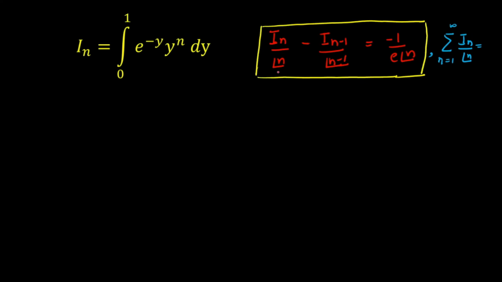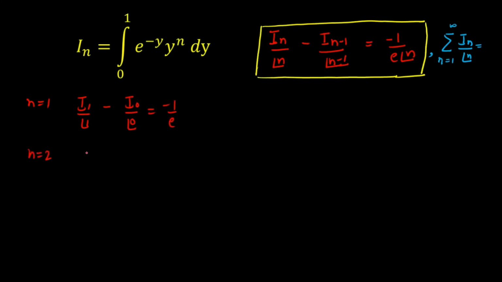So in the previous slide, I've calculated this reduction formula. So from here, I'll be calculating the value of the sum. Let's say I'm putting n is equal to 1 here. So when I put n is equal to 1 here, I'll get I of 1 upon 1 factorial minus I naught upon 0 factorial is equal to minus 1 by e into 1 factorial. So I'm keeping this as minus 1 upon e.